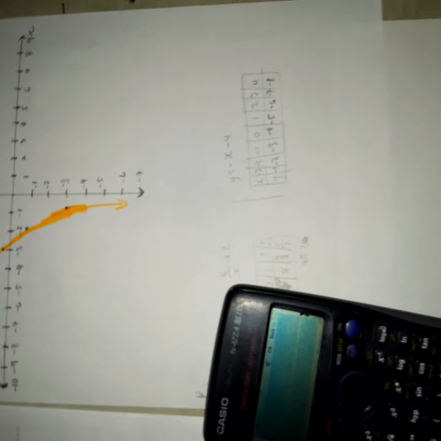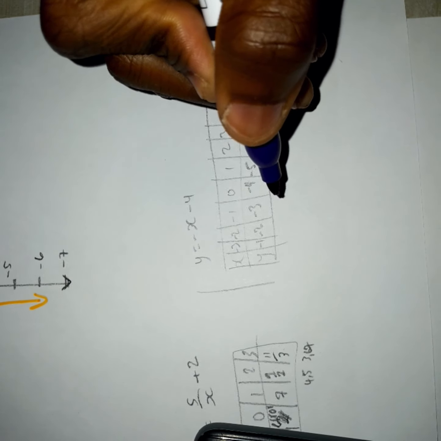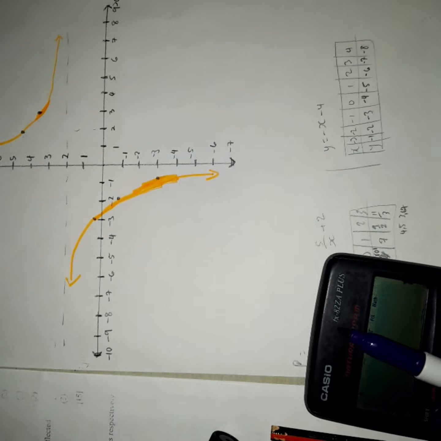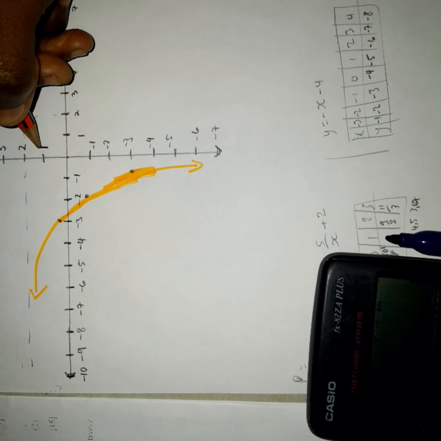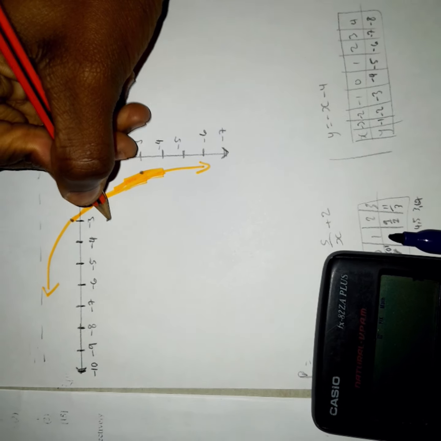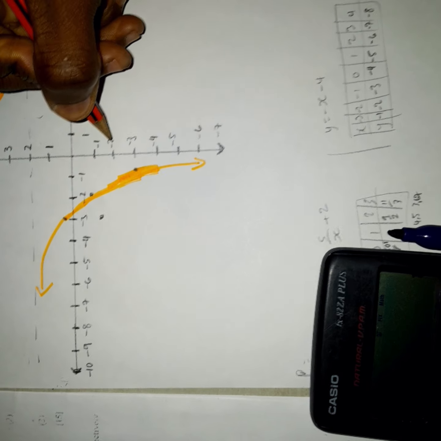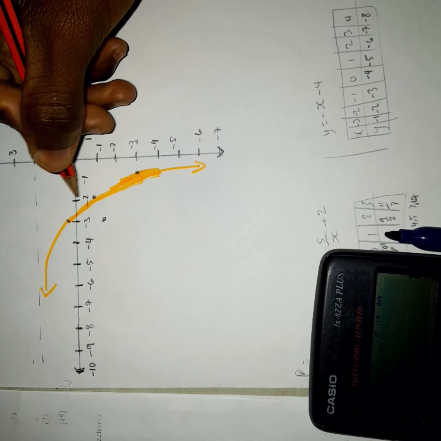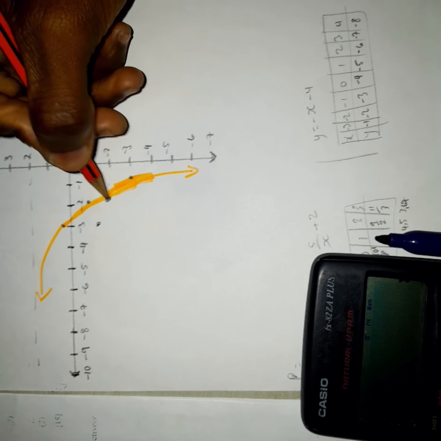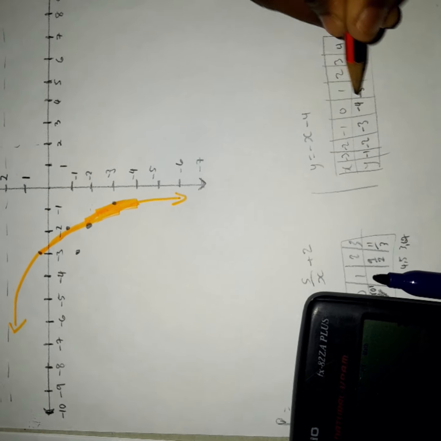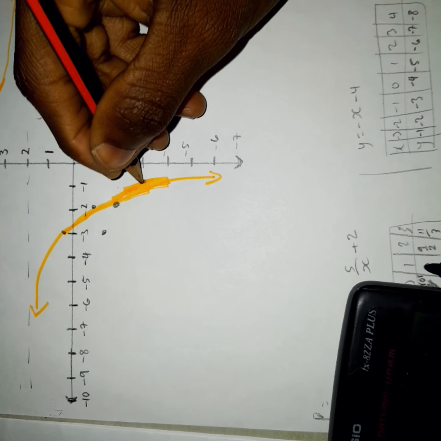These are the points we are going to use. Let me use a different marker. At x equals -3, it's -1. At -2, it's -2, so they may still touch here. At -1, it's -3, it's here.